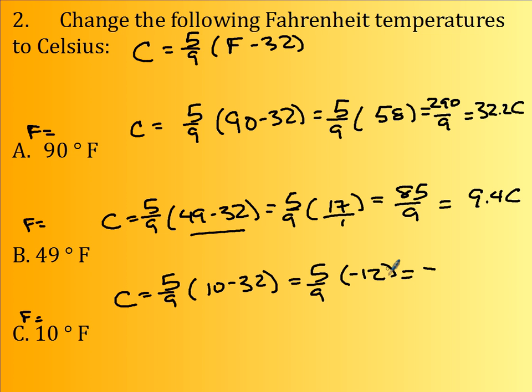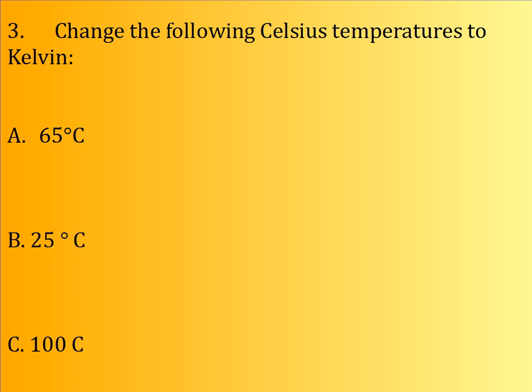So it's negative 12 times 5, which is 60, divided by 9, or negative 6.67 Celsius. You're going to want to hang on to that negative sign in your temperature conversions. Remember, the only scale that you can't have a negative on is the Kelvin scale.